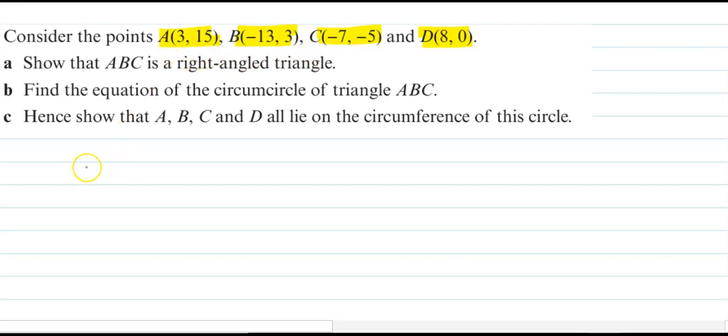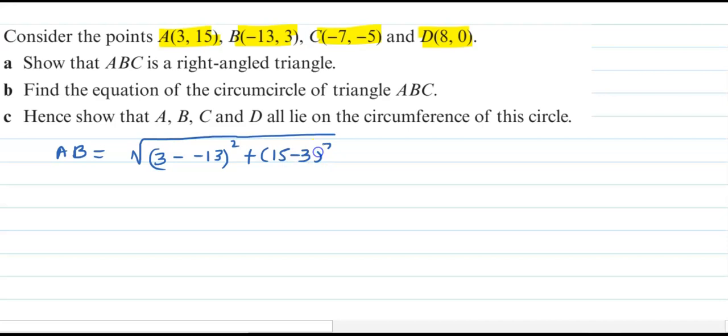First of all, we can find the distance AB using the distance formula: (3 minus (-13)) whole square plus (15 minus 3) whole square.